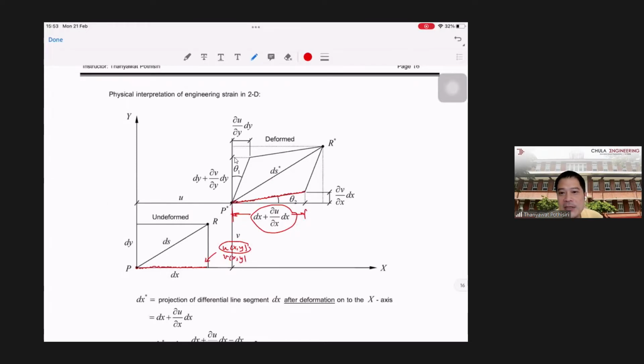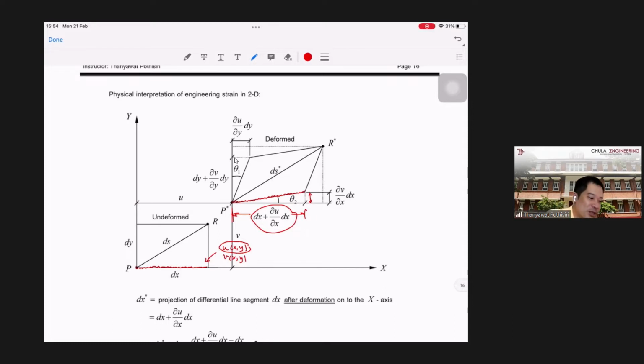But what about if I want to find this particular distance here, where it tells you how much this line dx has displaced in y direction? So what displacement function should I use then?